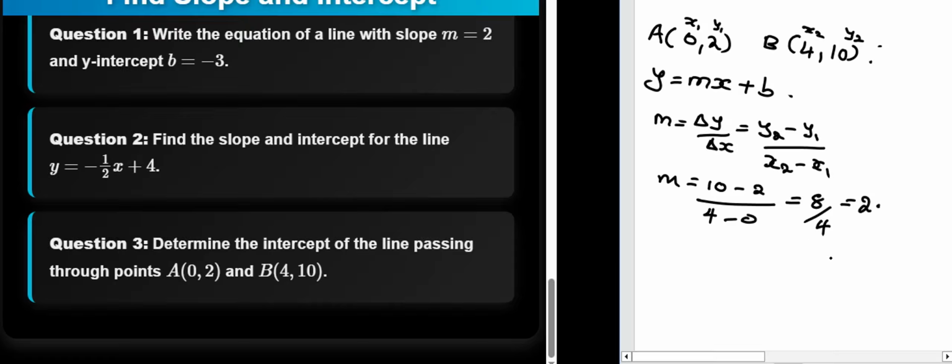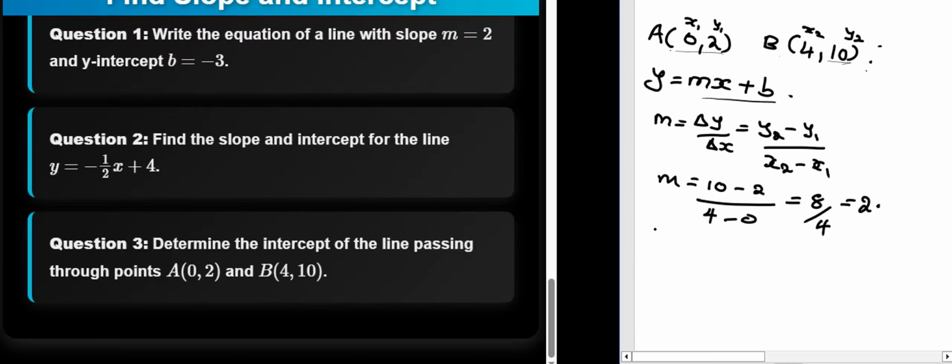And now that we have the gradient, what we do next, we just pick either of these coordinates, any pair can do. So in our case, let's start with this (0, 2). We already know this is our equation of a straight line.